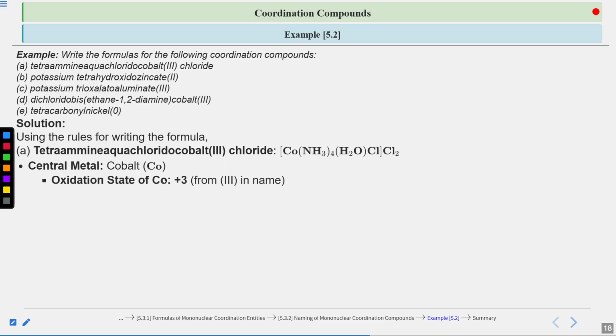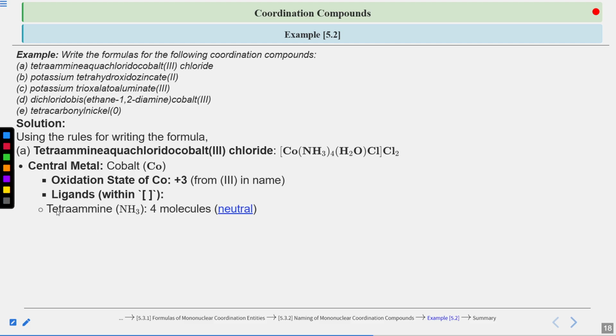Now the oxidation state you have to identify for the cobalt, that is +3, already given in the name, +3 in the Roman numeral. Now the ligands come within the square bracket. So the ligands are the ammonia molecule and the water molecule. From the name you have to identify. So tetraamine aquachlorido. So amine, aqua and chlorido, 3 types of ligands are present.